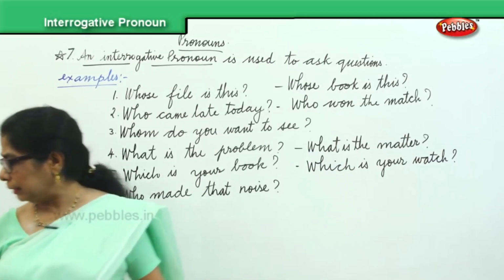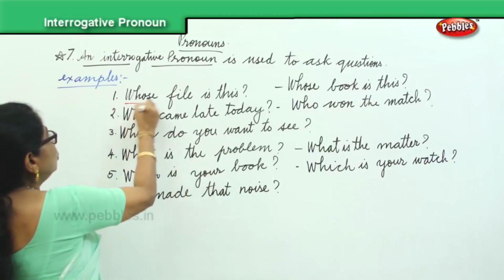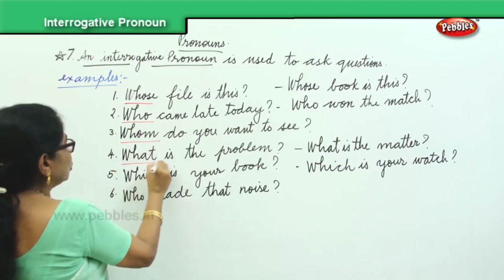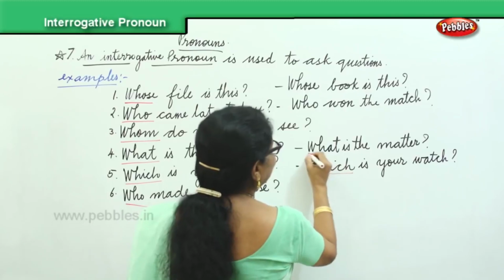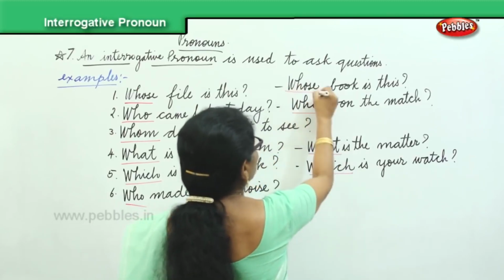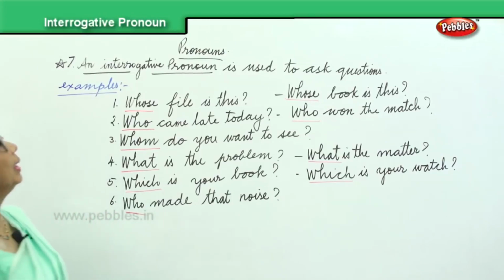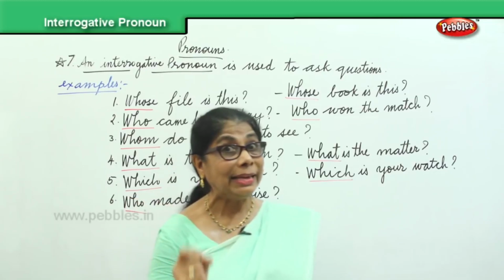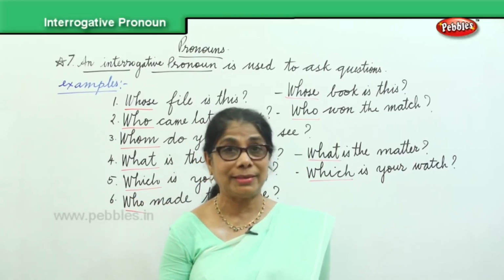Now, let's look at it. Here we have whose, who, whom, what, which, who, which, what, who, whose. All these words we use in the interrogative pronoun. When you say an interrogative pronoun, it is used to ask questions.